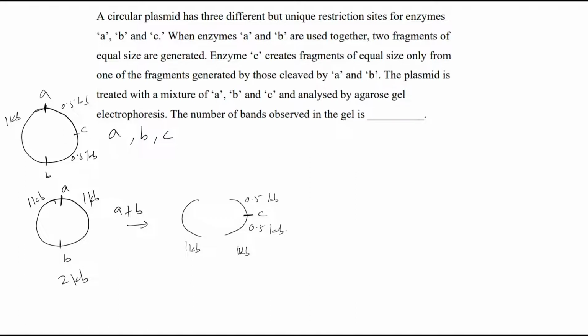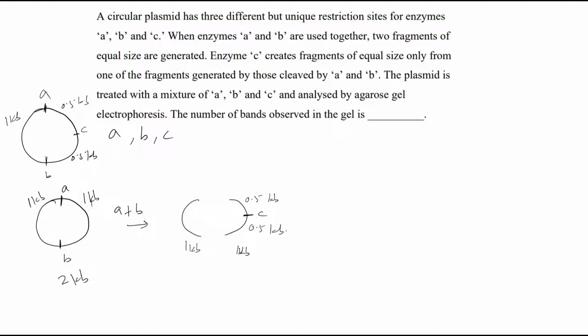Next, the plasmid is treated with a mixture of A, B, C and analyzed by agarose gel electrophoresis. If we apply all three enzymes simultaneously, what is the number of bands observed in the gel?